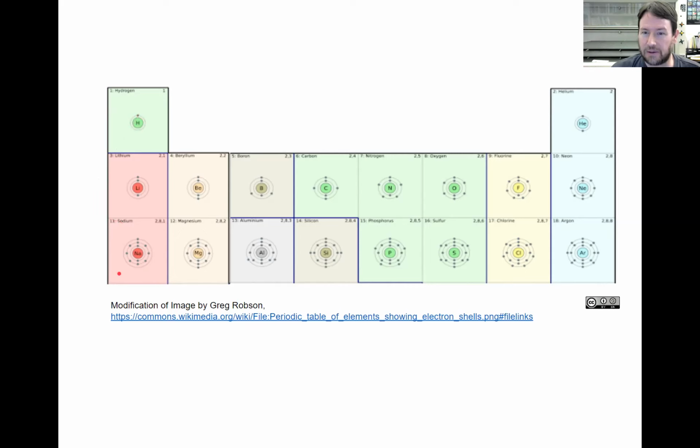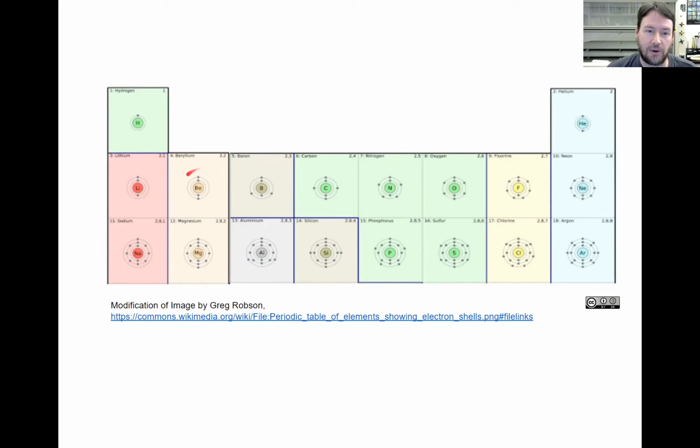For the next 2 rows of the periodic table, we have to add shells of electrons. So lithium is basically like a helium atom, and then you add 1 more proton and 1 more electron, maybe another neutron or 2. And this 3rd electron is all by itself in this 2nd shell. So this outermost shell for a lithium atom only has 1 electron.